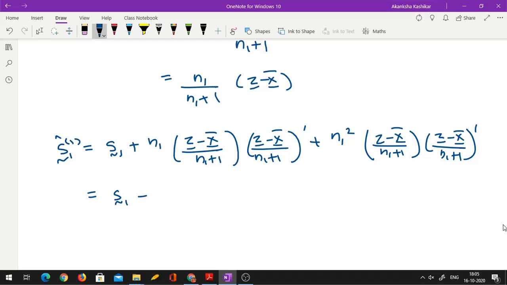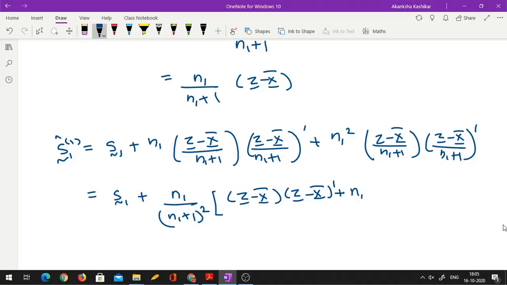So what do I have? So this would become, if I take n1 common and n1 plus 1 square common, then I am left with z minus x bar prime plus 1 n1 remains. So n1 times z minus x bar prime. So this would again become n1 plus 1. So 1 n1 plus 1 gets cancelled.